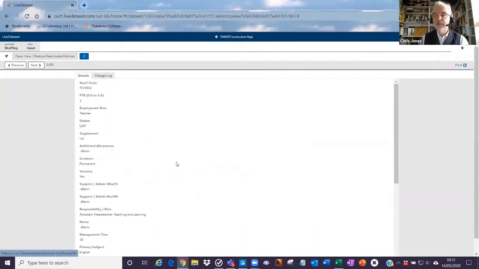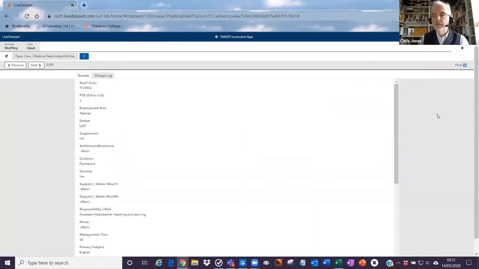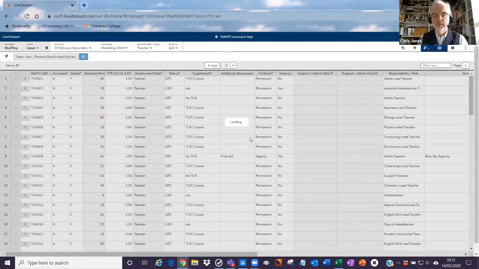So as a staffing sheet, if I'm at a management level and I want to see what's going on, I have a change log. You can see when this data has been changed, and I have the actual detail, and I can go back to the entries. Sorry, it just takes a moment to load that, because there's quite a bit of data on this school.